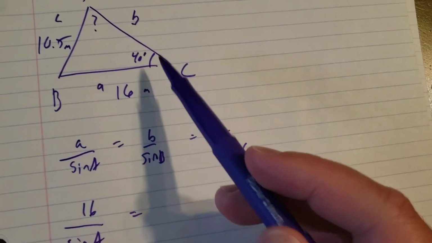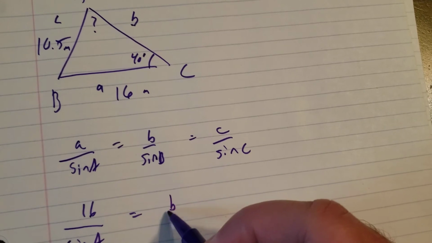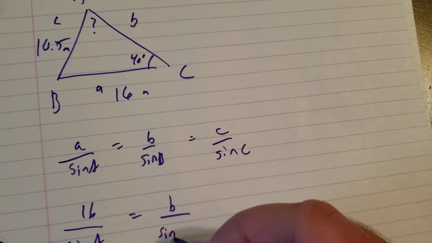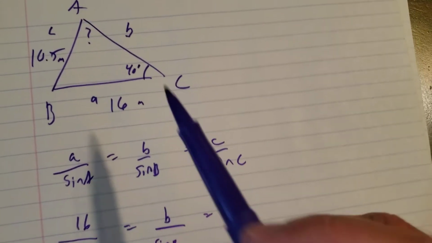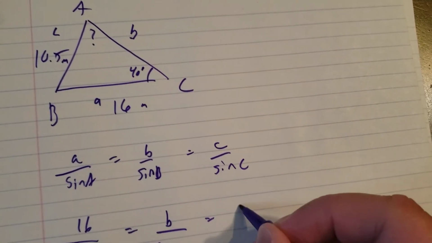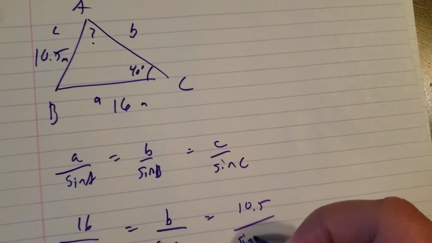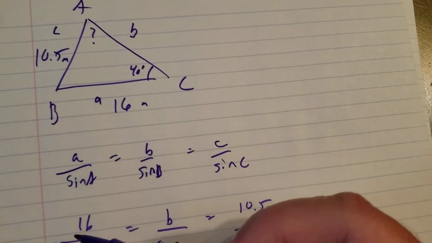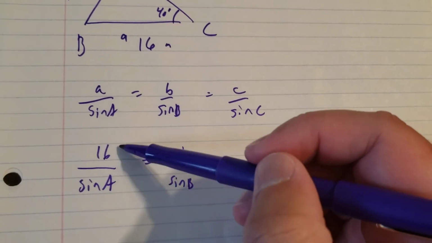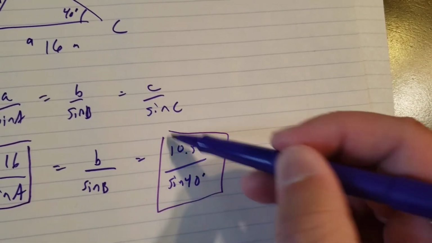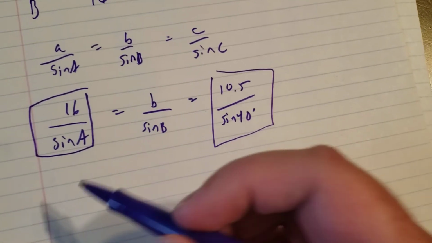Little b, I don't know. Angle B is right here, I don't know that. Little c, I know is 10.5. Angle C, I know is the 40-degree angle here. So I'm trying to find angle A here, so I need to use this fraction. And I also need to use this one because I know the numerator and the denominator.